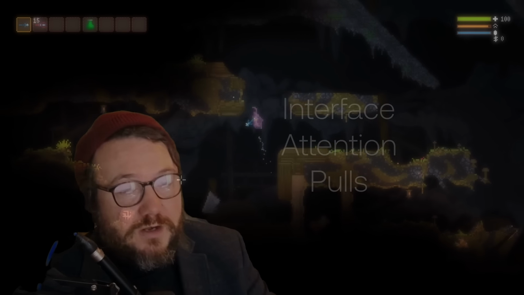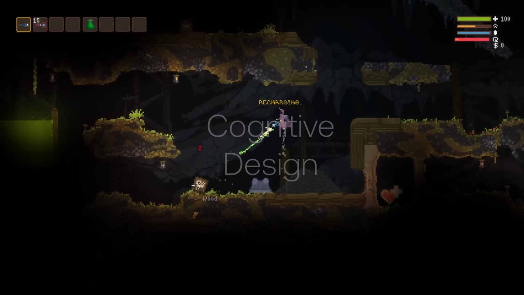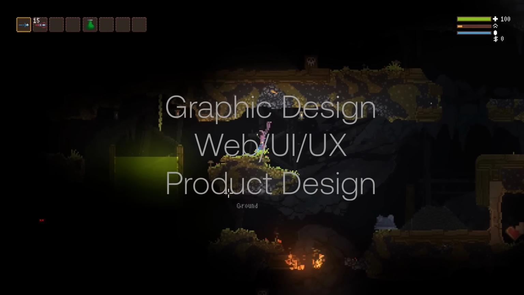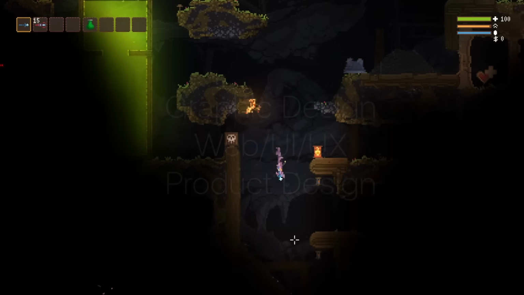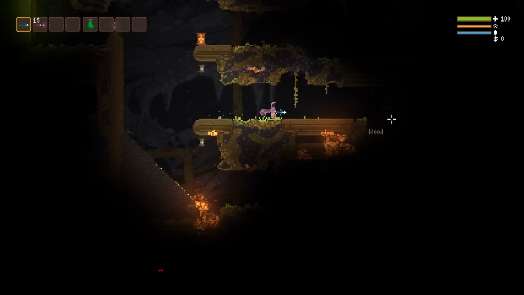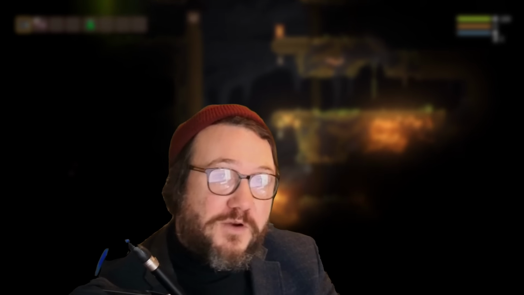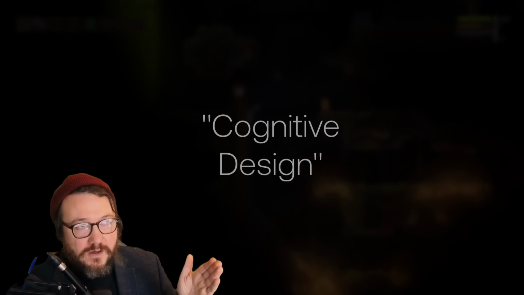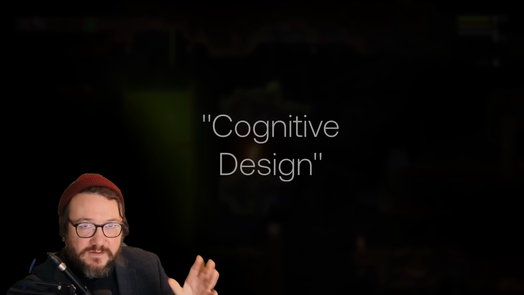So I'm going to be talking about some theories of cognitive design that are used very broadly in graphic design. They're used in web and UX. They're used in traditional product design. And it's the sort of stuff that you would learn on a university course in any of these subjects that involve some element of designing things that people look at. So theories of cognitive design are how we design things so that they work with the natural tendencies of the human brain.